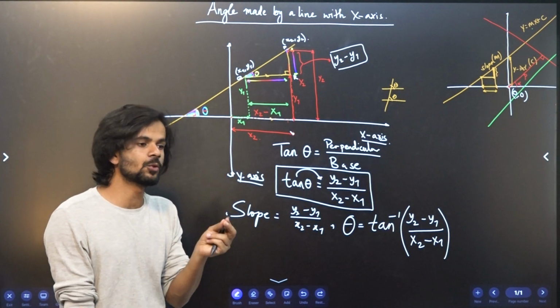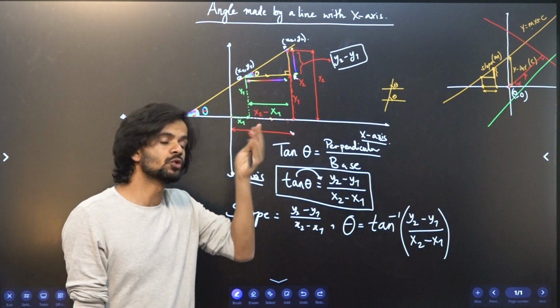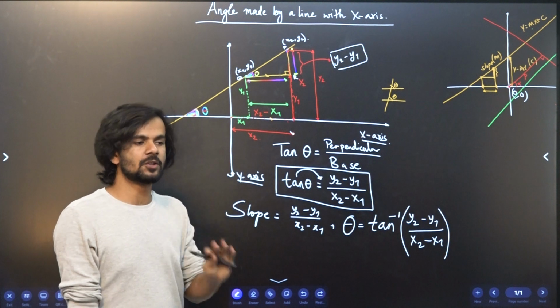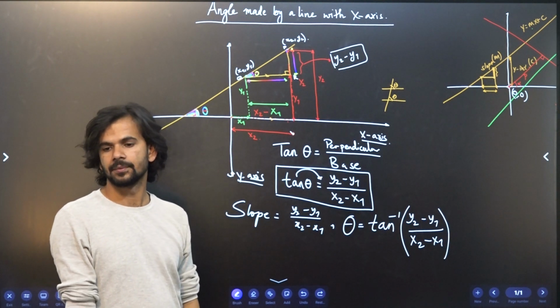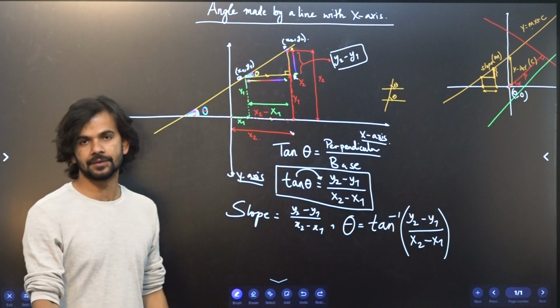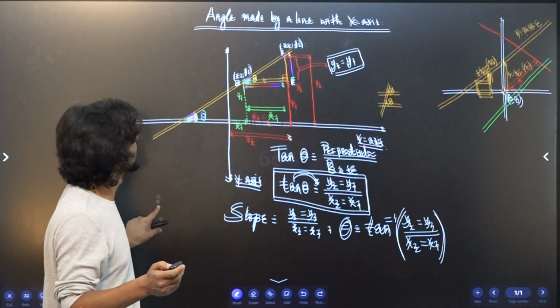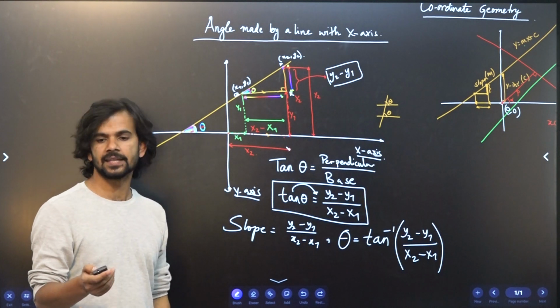And if you cannot find 2 points, you have to do something to find them. But there are other ways also; you may not need 2 points, but that's another thing. So that's how we find the angle made by a line with the x-axis.